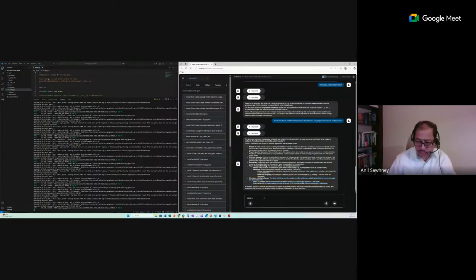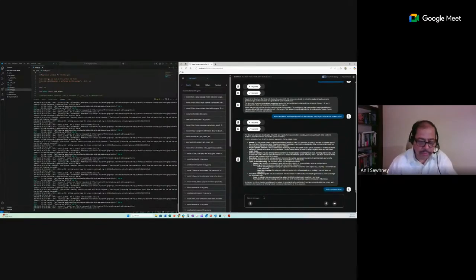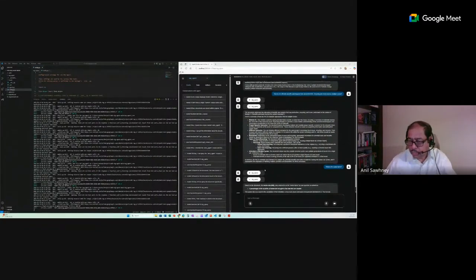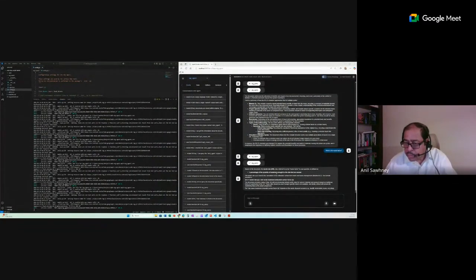What is the waste factor? Yeah, it has even pulled up the table for waste factor. Any other tricky question anyone wants to throw at it?